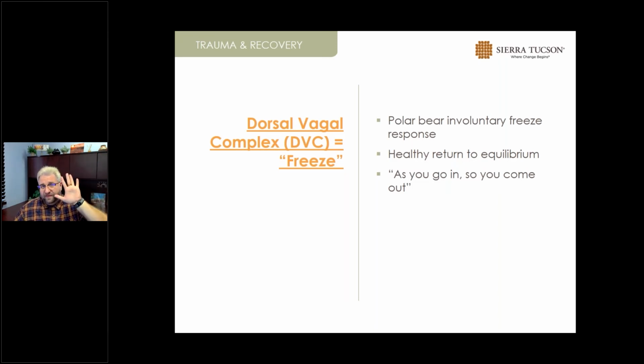So if they're doing this in session and you mirror this for them and ask them what that's like, they may come out really sad, really angry, really afraid, because they're coming out of that freeze where their nervous system had shut down in order to protect them from the actual memory itself. So that self-protective response will want to come in. And so you'll see those a lot in session, these self-protective responses that come up. I'm using my hands a lot. You'll see them all over the body, but it's really just a way of the body saying, hey, this is incomplete and we need to move through this piece.